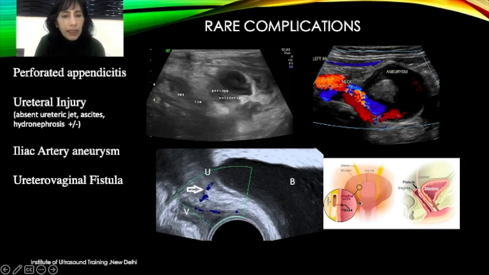Now, if you see here, the ureter runs next to the vaginal canal, and this is the reason why the ureterovaginal fistula can form. See here, this is the bladder and this is the vaginal wall, and in between the two is the ureter. So it's quite possible that you can injure the ureter, although ureters are more commonly injured in hysterectomy patients.